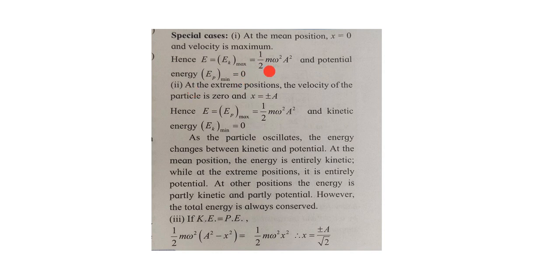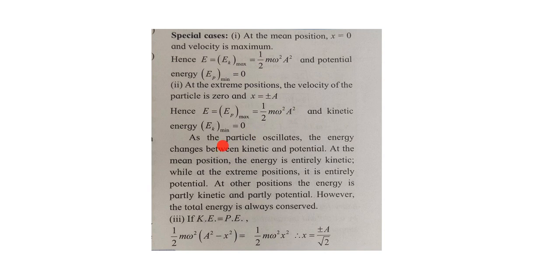Here potential energy is minimum and kinetic energy is maximum at the mean position, and at the extreme position the velocity of the particle is 0 and x equals to plus minus a. So here potential energy is maximum and kinetic energy is minimum. So potential energy we will get here half m omega square a square and kinetic energy will be 0.